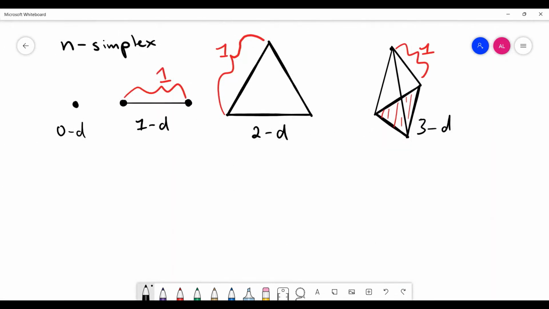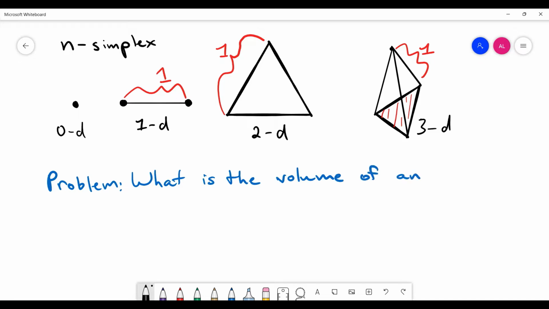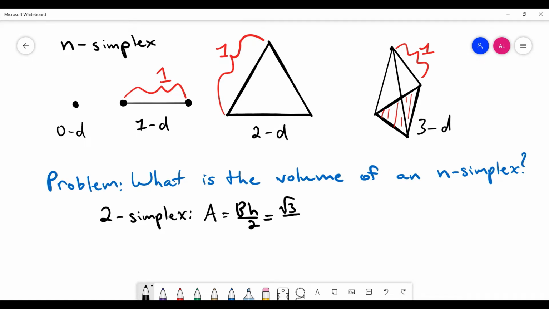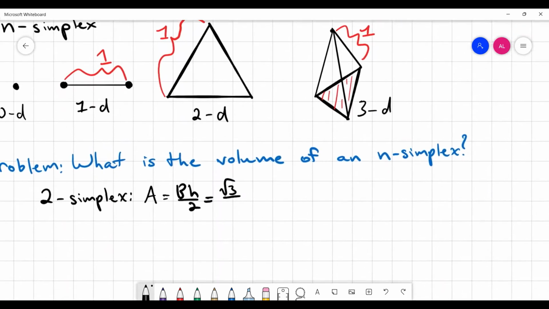Okay, so enough of an introduction. We now want to find how much n-dimensional space this simplex takes up. So we already have an equivalent for the amount of space that a triangle takes up and a tetrahedron takes up, right? We know that a two-simplex is just the equilateral triangle.